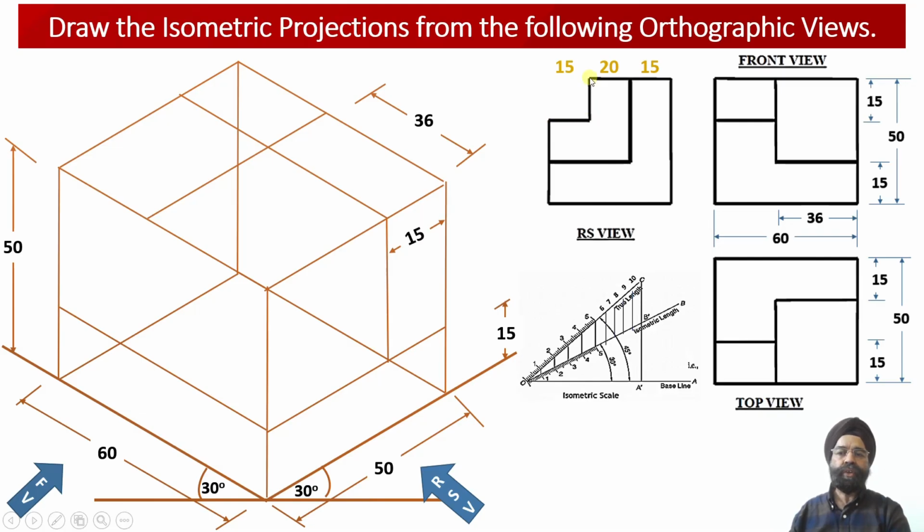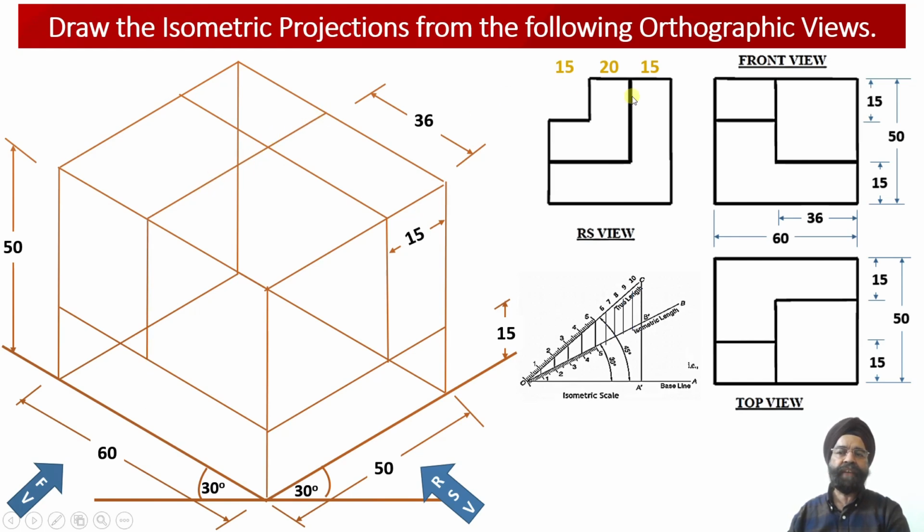So this will automatically be 20 millimeter, so up to a distance of 35 millimeter from the rear side wall of this solid. So 15 millimeter is this distance, and we will measure another distance of 20 millimeter, so that from the rear side it is up to a distance of 35 millimeter.